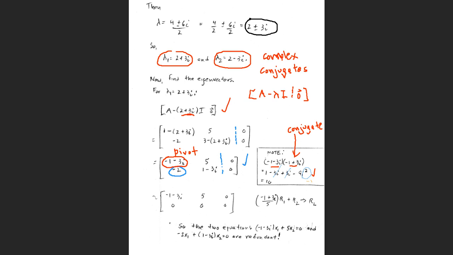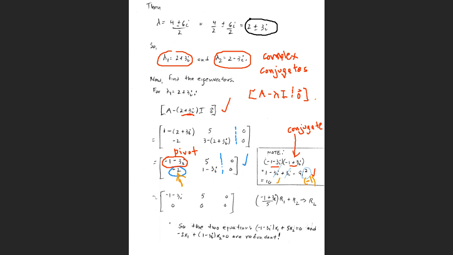So -9 times -1 is 9, so you get 10. Well, I don't want a 10 to remove this -2 here. I want a 2, not a 10.